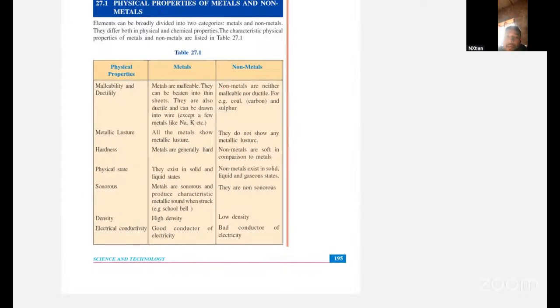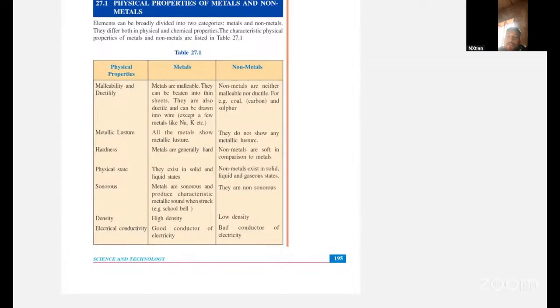When you hit it with a hammer, what will happen? Like for example, on your door there is a glass, and when you hit it with a hammer to check whether it is malleable or not, you will get hurt. Why? Because the glass will break, and if glass breaks, then your bones will break.